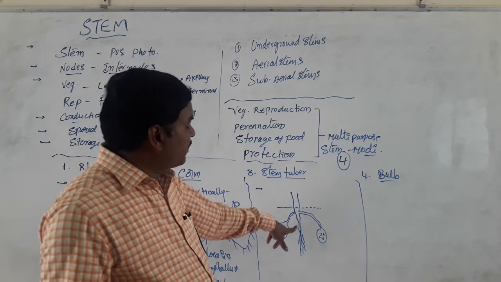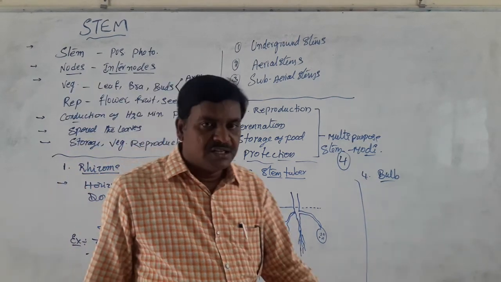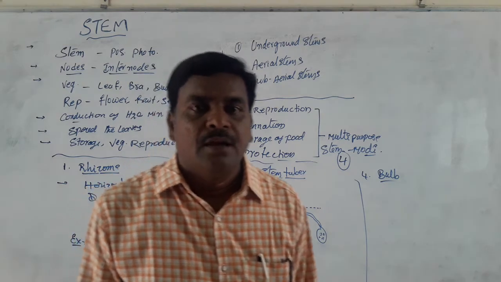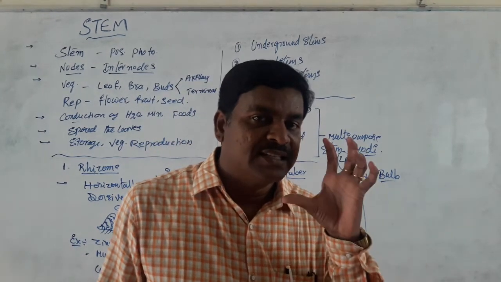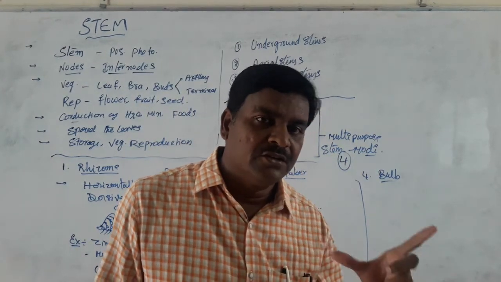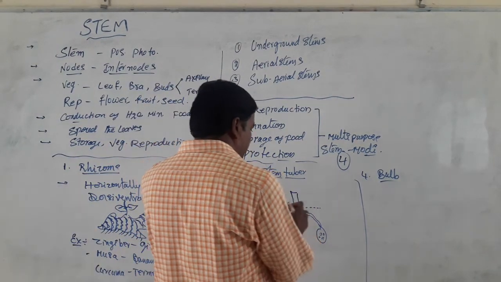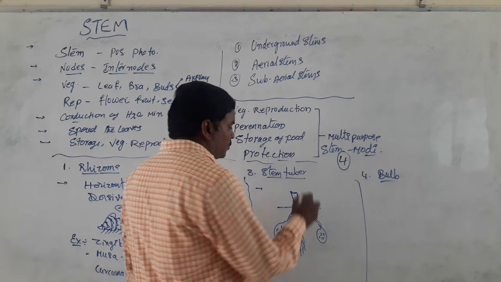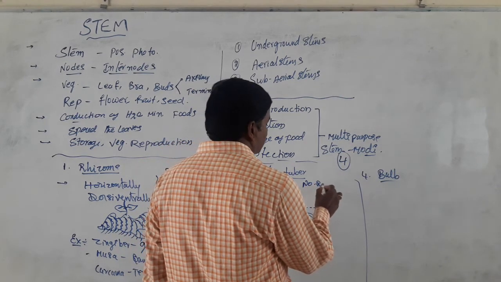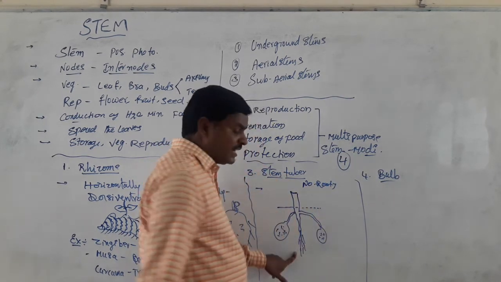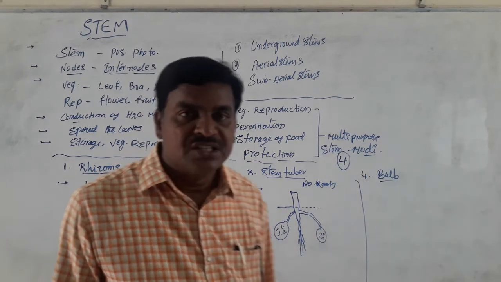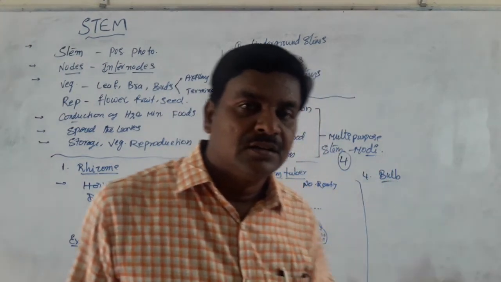Branches that develop from the lower part of the stem grow horizontally inside the soil and store food material at their tips, leading to the formation of tubers called stem tubers. These stem tubers have no roots. The plant contains a root system, but the modification, the stem tuber, does not.